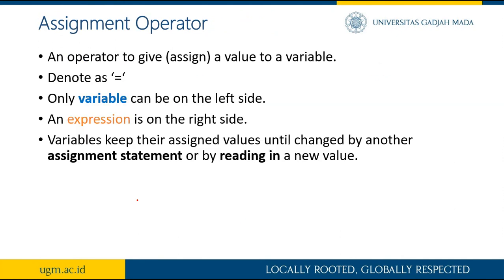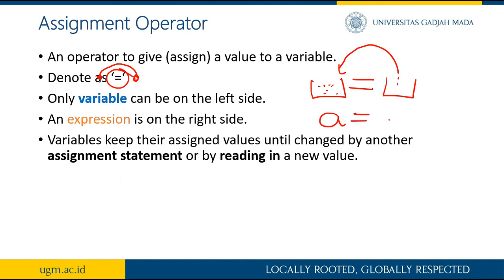This is an expression. And then we also have the assignment operator, which means assign something here to something here. Like a assign 3, which means we assign this value into the variable, namely a.